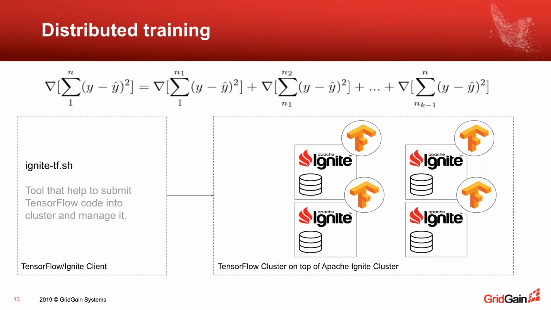We provide a specific tool that helps to submit TensorFlow code into a cluster and manage it. Also, this tool will set up a TensorFlow cluster and maintain it. In that case, we're able to provide the same guarantees for stability and fault tolerance for TensorFlow clusters as we provide for Apache Ignite.